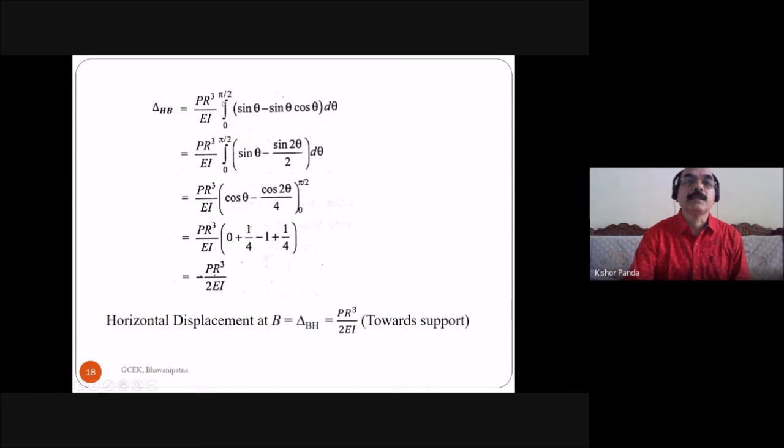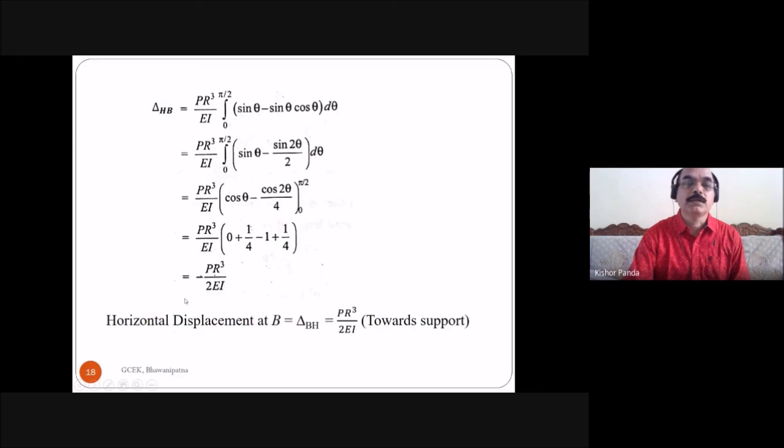So you have to take the integration of this expression. After simplifying this equation, you will get the horizontal displacement or deflection at B: delta is equal to minus PR cubed by 2EI.